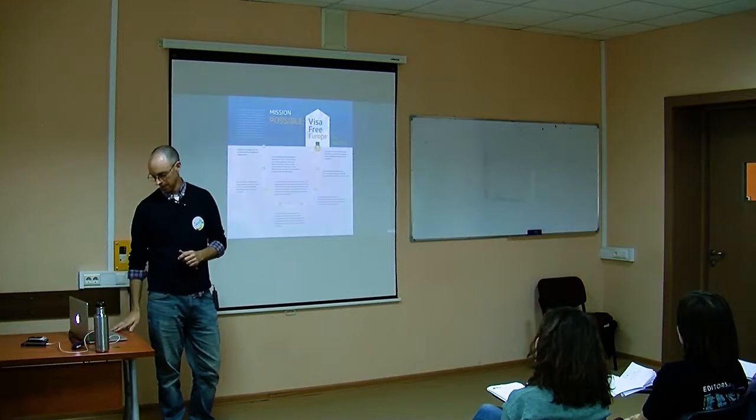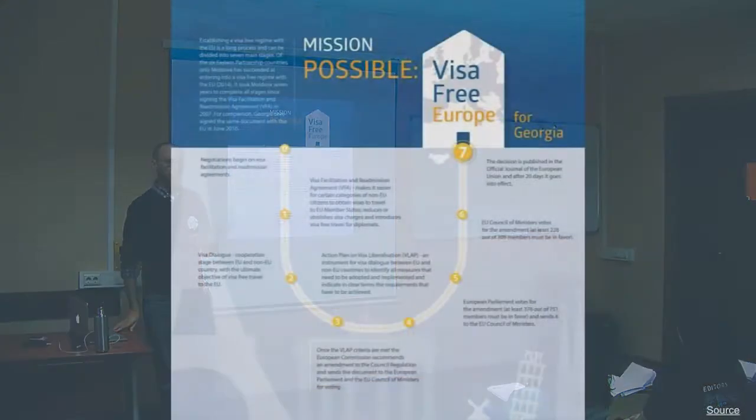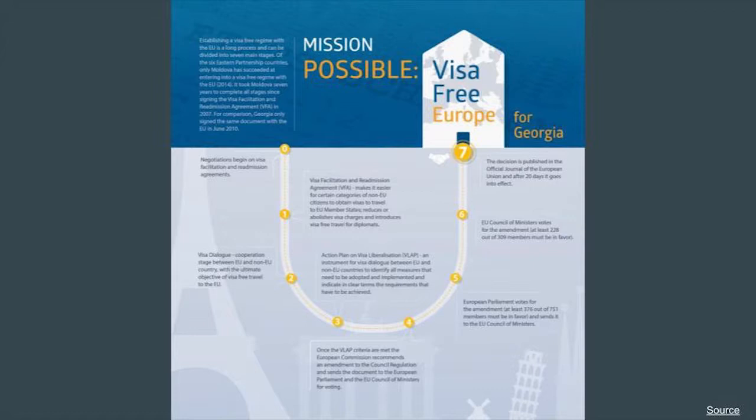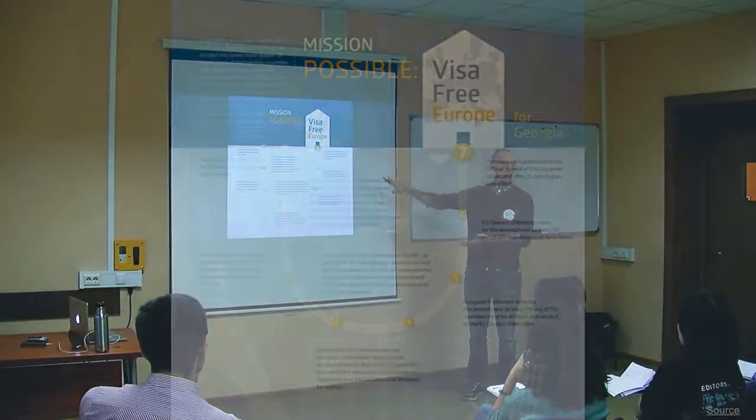Okay. Another example. This is a visual about the process of getting visa-free travel to Europe. Basically, there are 7 steps that the country has to go through before the EU will hopefully approve it. Going back to the list we just had, this is way too much text.